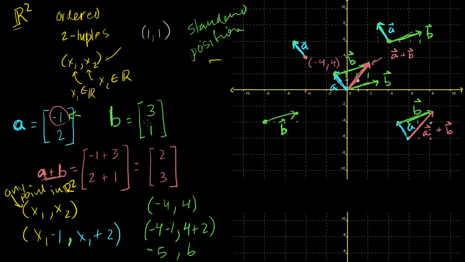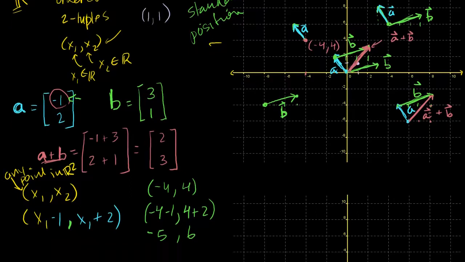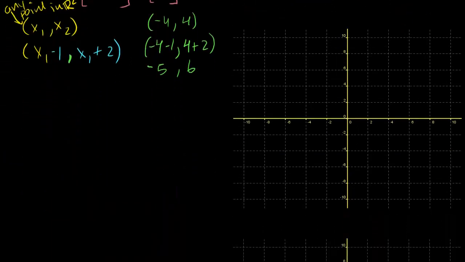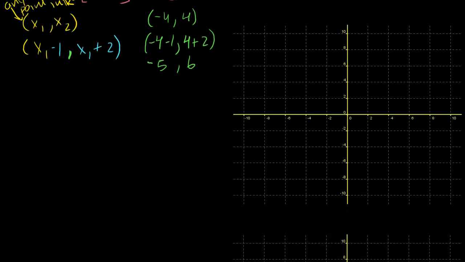Now let's think about what happens when we scale our vectors, when we multiply by some scalar factor. So let me pick new vectors. Those have gotten monotonous. Let me define vector v, v for vector. Let's say that it is equal to 1, 2.